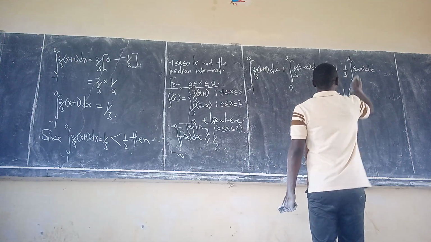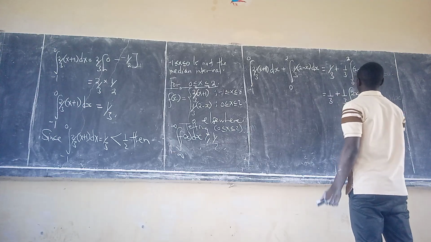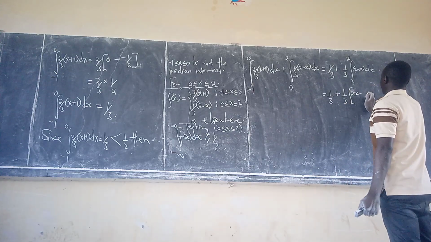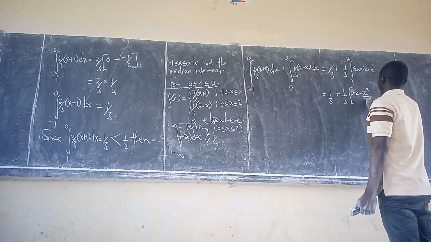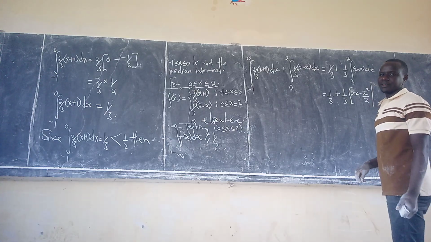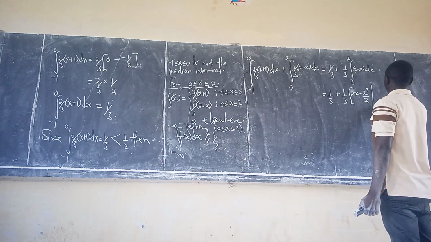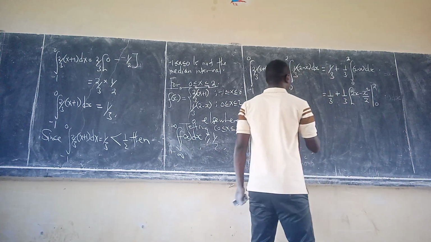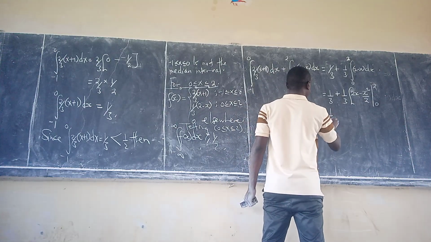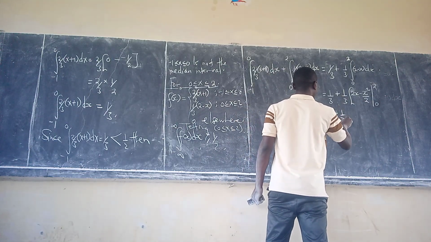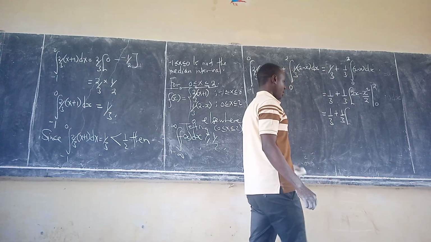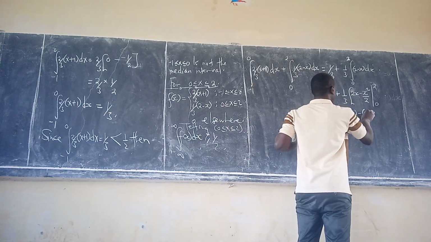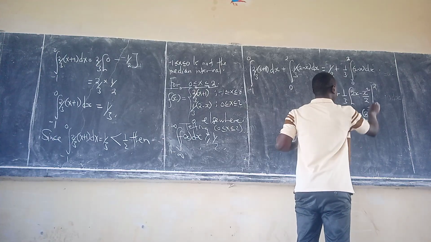What do you get when you integrate 2? We shall get 2x. What do you get when you integrate x? It is x squared over 2. But we are integrating from 0 up to 2. So we shall have a third plus a third. Put in the upper limit: 2 into 2 minus 2 squared over 2.